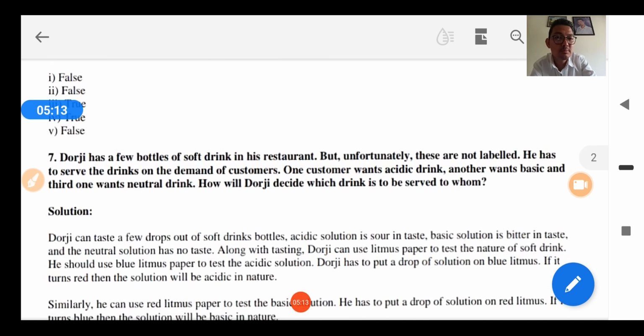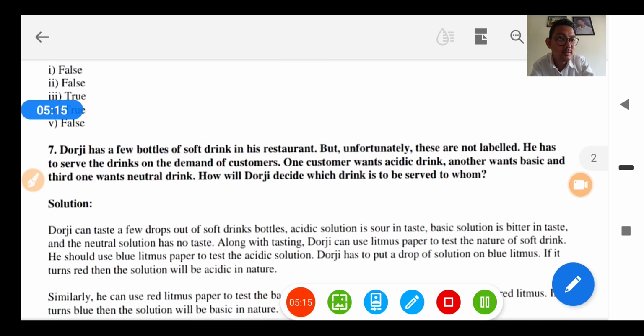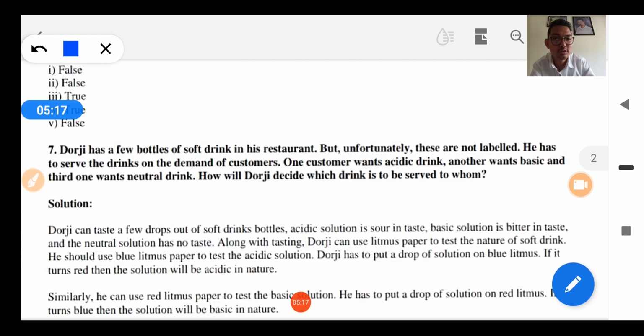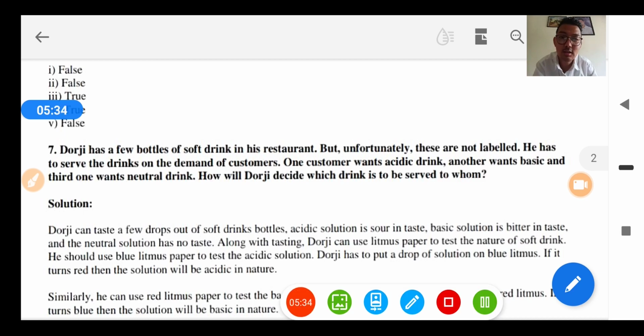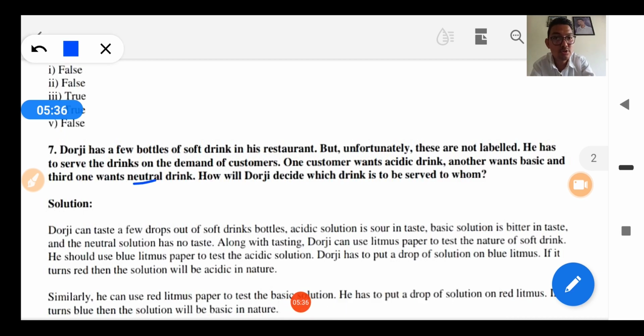Now I'm coming to question number 7. The 7th question is a story question. Dorje has a few bottles of soft drink in his restaurant, and unfortunately these are not labeled, and he has to serve the drinks on demand to the customers. One customer wants an acidic drink, another customer wants a basic drink, and the third one wants a neutral drink.